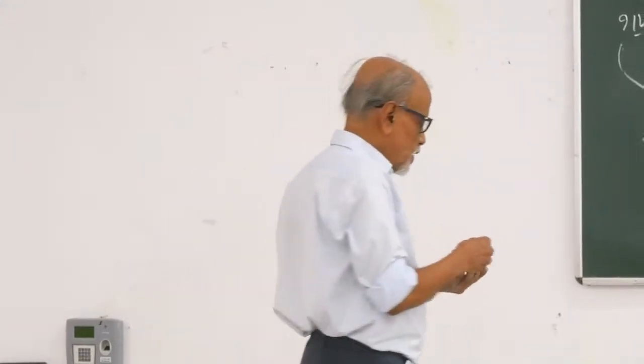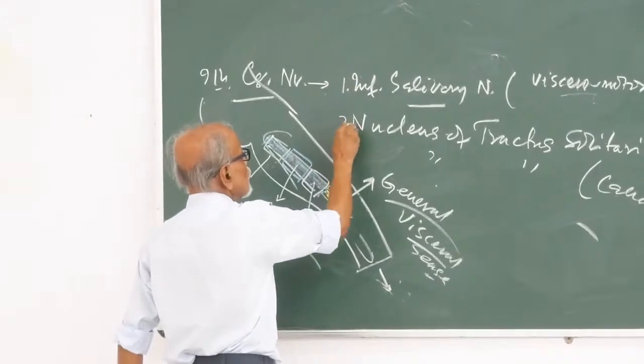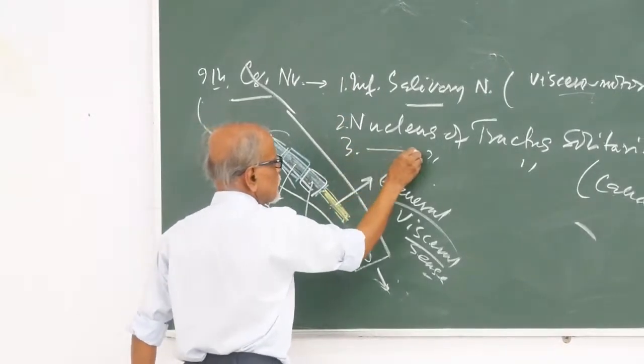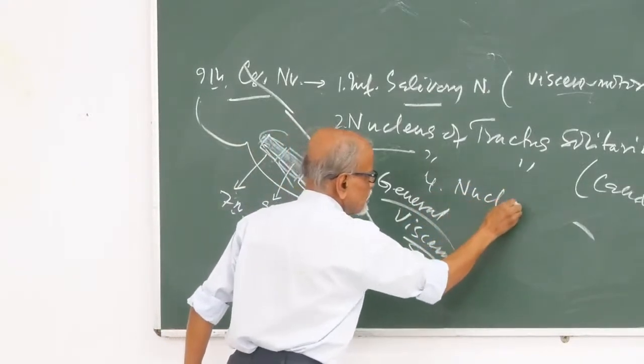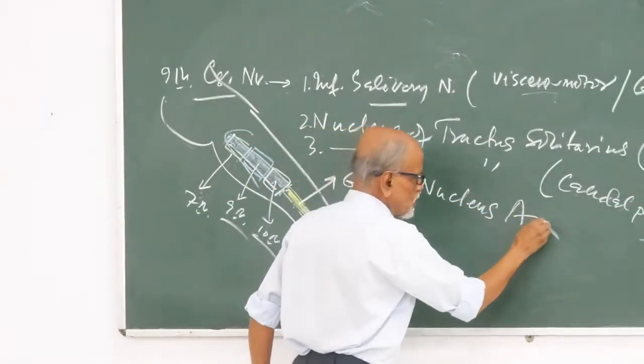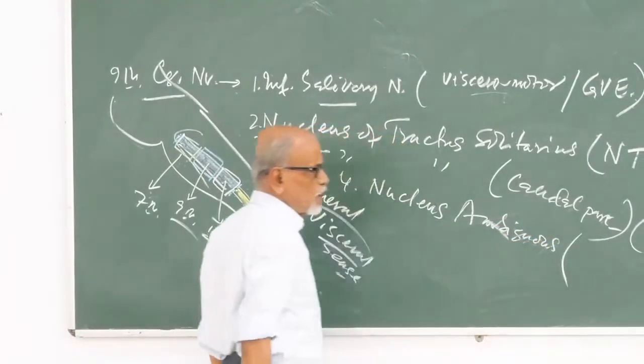Nucleus ambiguus. তাহলে আমরা আরেকটা নিউক্লিয়াস 1, 2, 3, এটা 4, nucleus ambiguus. What type of nucleus it is?